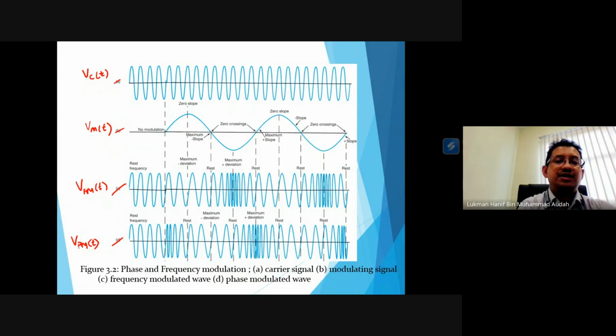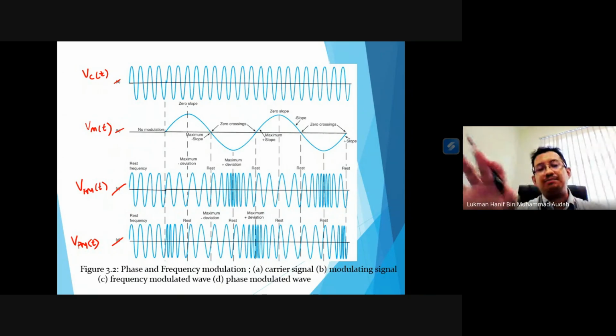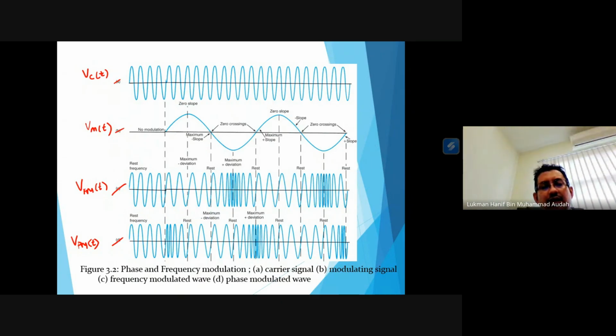The carrier signal is a high frequency signal compared to the modulating signal, which has a low frequency because the ripples are far away from each other.